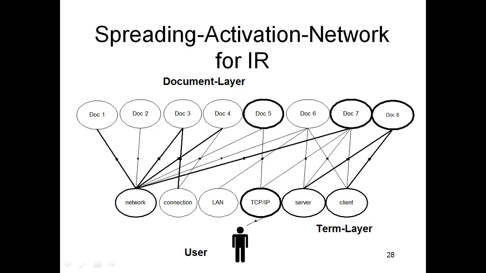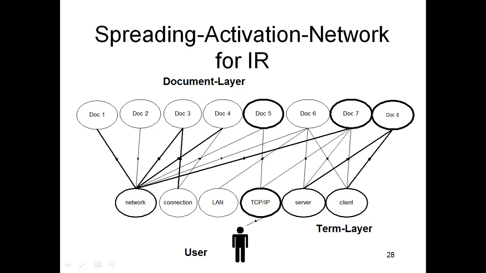The circles, they are bigger and slower. Is there any special meaning, or is it just to show whether it's activated or not? Yeah, the strength of this line just means activation.